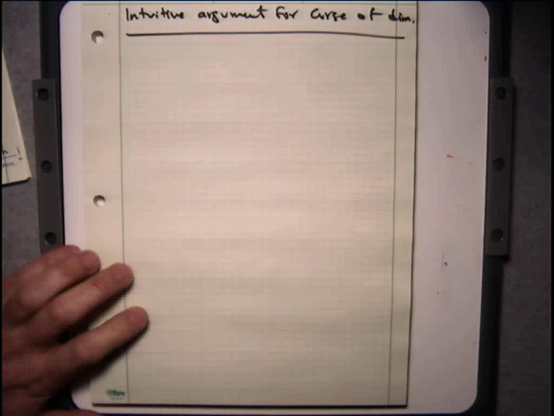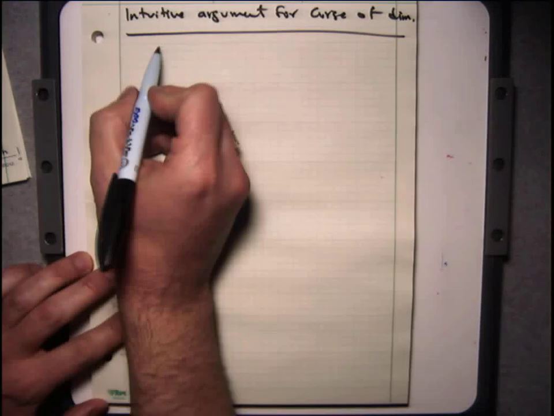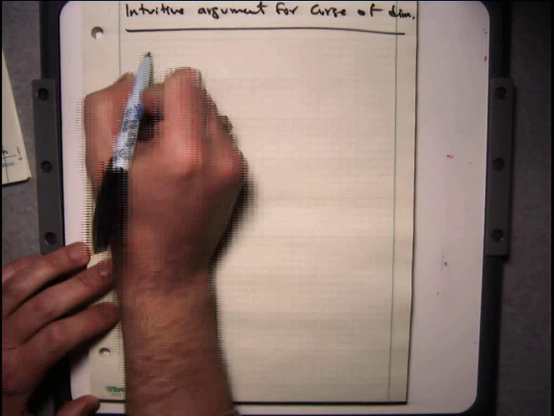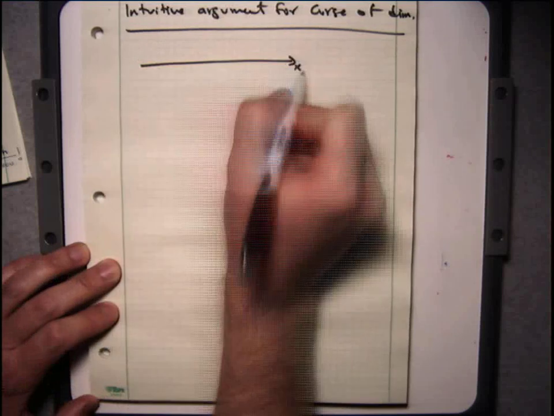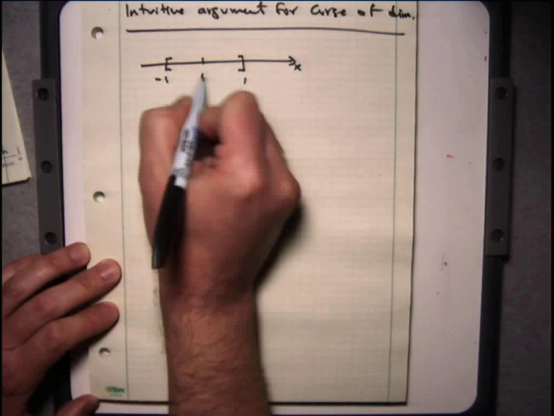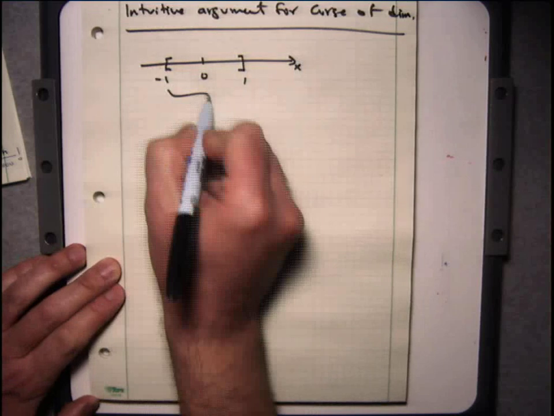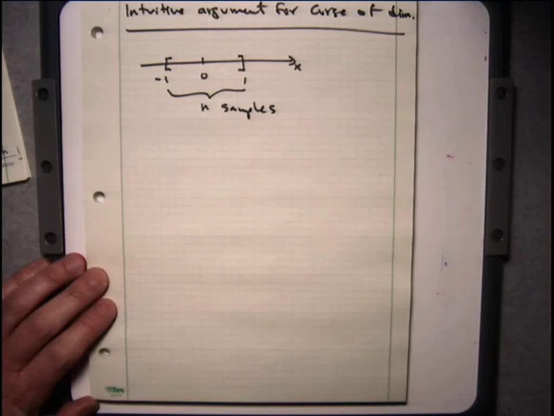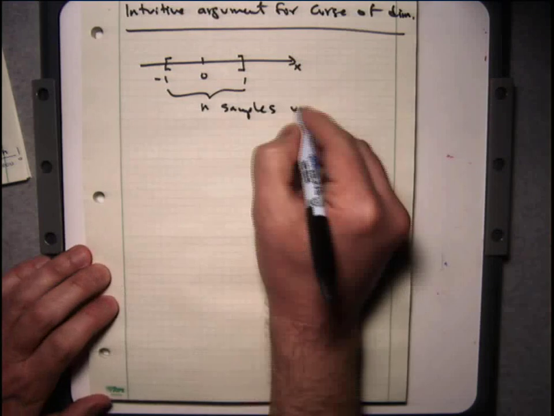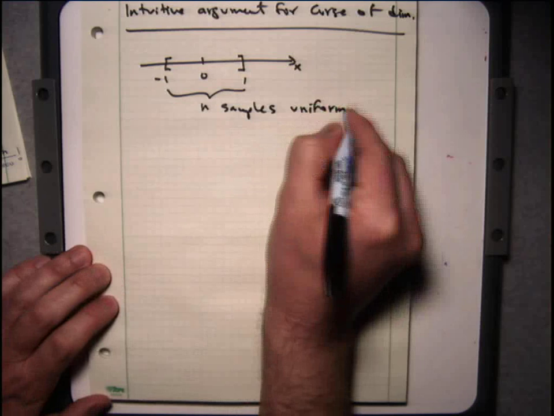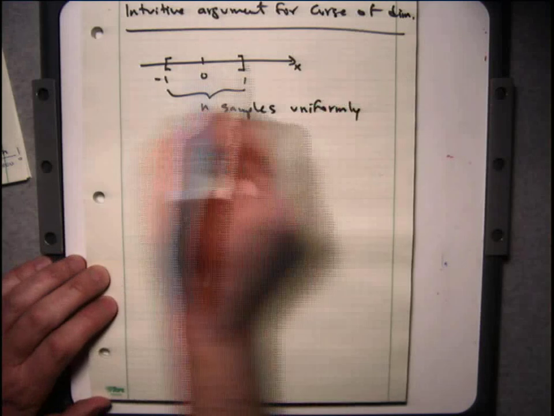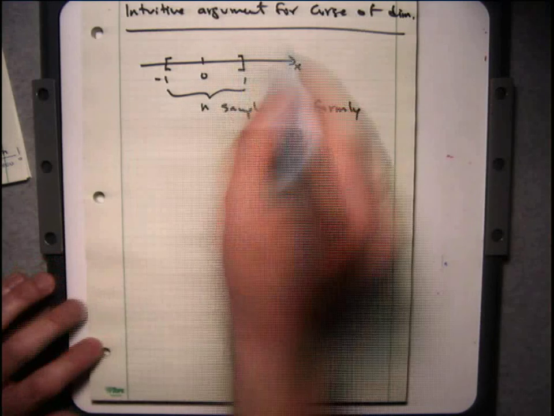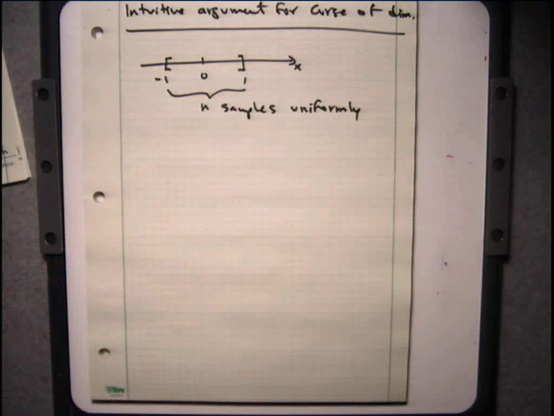So suppose that you have n data points in the interval. So here's the interval minus 1 to 1, this is 0. And suppose in here you have n samples, okay? Uniformly distributed. So in other words, with equal probability, you just picked up n samples in this particular interval.